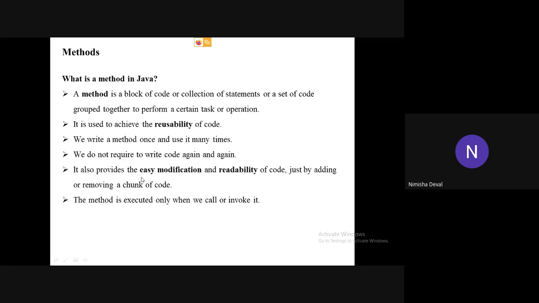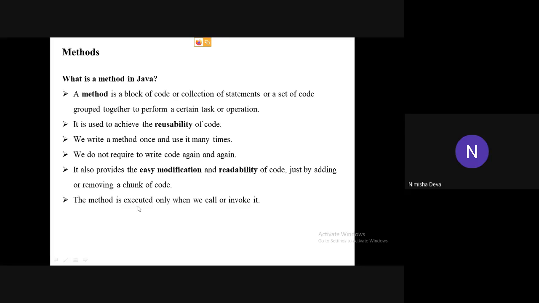It also provides easy modification and readability of code, just by adding or removing a change in it. We only modify the value in that method, and through that we can access the modified values, and readability increases.